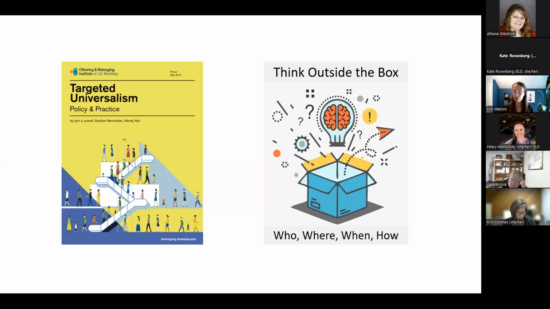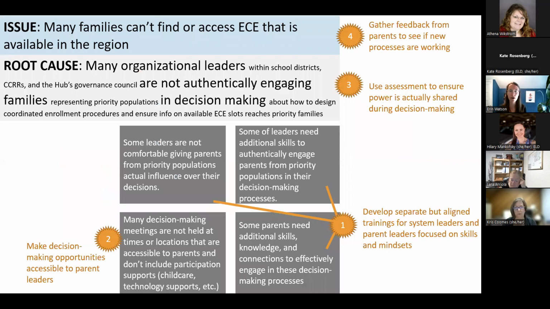Okay, here's your practice. Here are our root causes from the prior tip. I want you to look at strategy 1. That was all about designing separate but aligned trainings for the system leaders and parent leaders to help build their skills around engaging parents and or engaging with professionals and shifting some mindsets.